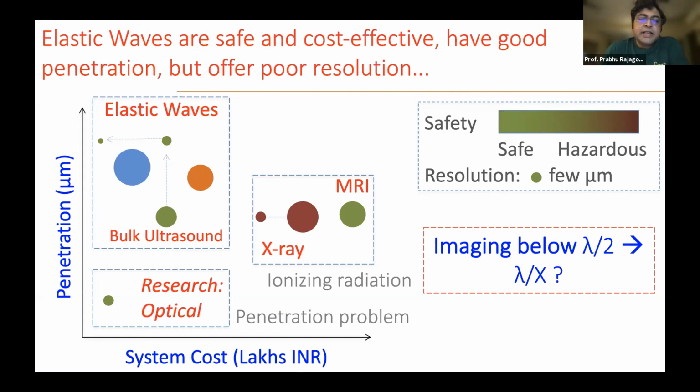But the problem is they offer very poor resolution as compared to typical electromagnetic techniques such as X-ray or even MRI. So they are very good safety-wise, very good cost-wise, and you can go deep inside materials, but they are very poor in resolution. This got me particularly interested to see how we can solve this problem.